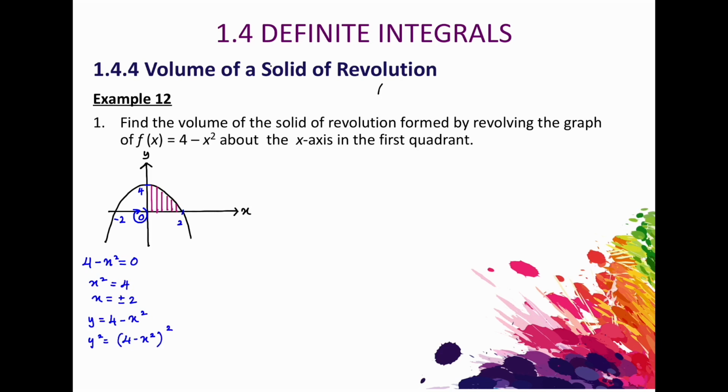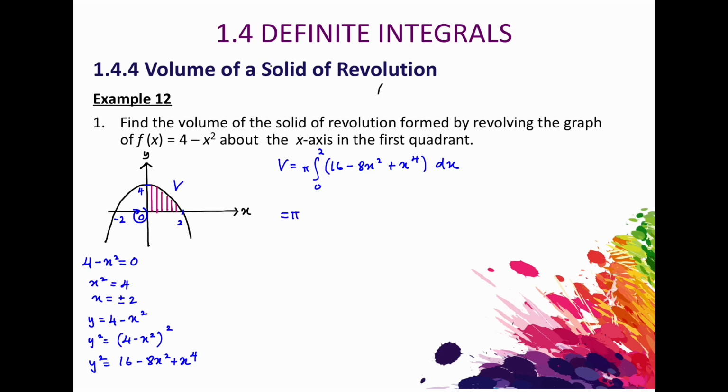That gives us 16 minus 8x squared plus x to the power of 4. So in order to find the volume, which is V, we need to integrate that, and don't forget the pi, from 0 to 2, of 16 minus 8x squared plus x to the power of 4 dx.